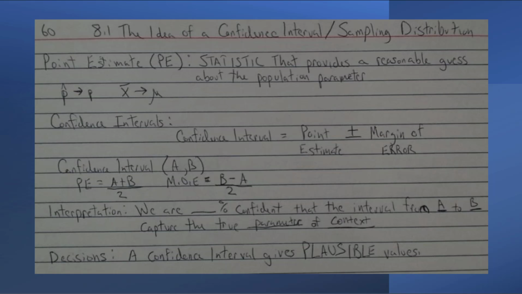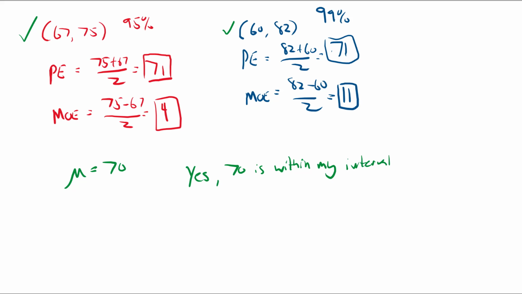Those are the base equations we went over. The interpretation is that we are 90% confident that the interval from A to B captures the true parameter of the context.